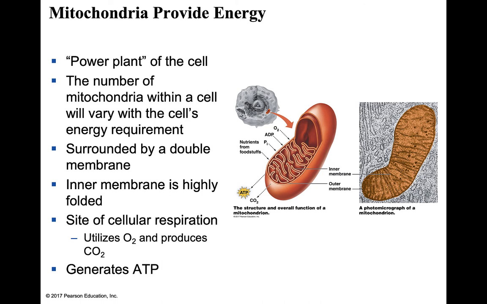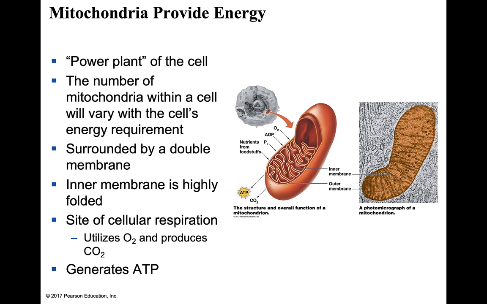And that's actually a training adaptation to exercise, endurance activity, especially where those cells that participate in the exercise will actually develop more mitochondria to produce more energy. So as I said, the number of mitochondria is directly related to the energy requirements of that particular cell.